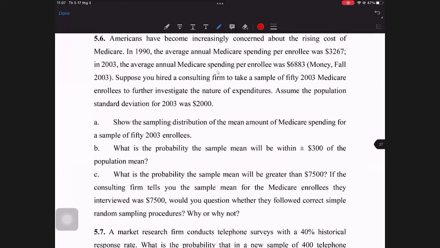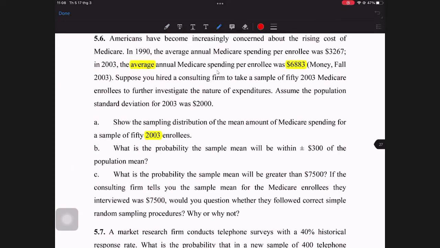All right. So for question 6 here, we have the average value of 6,000. Remember that this is the value for 2003, and what we have here is the question about the year 2003, not 1990.